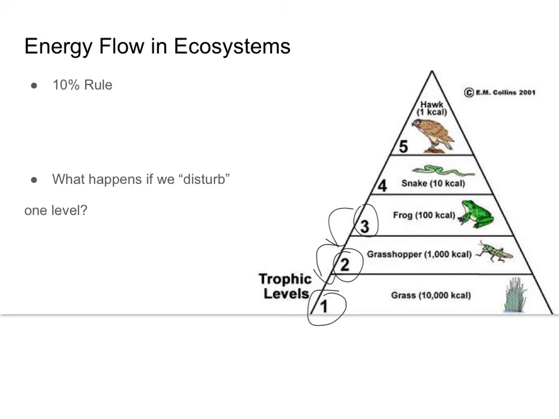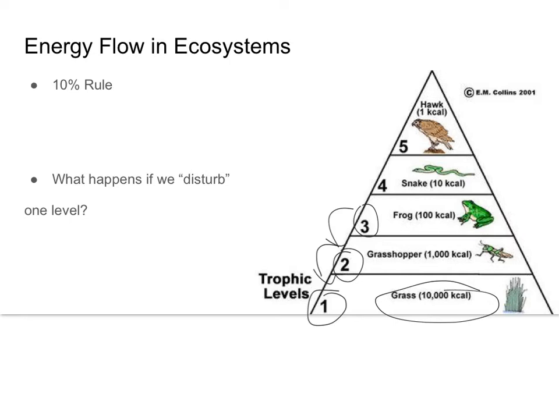For example, in this pyramid, we have 10,000 kilocalories of energy in the producer, call it grass. Only 10%, 1,000 kilocalories, is going to go to the grasshopper, because the other 9,000 kilocalories are going to be used by the grass to live and reproduce and make more grass.